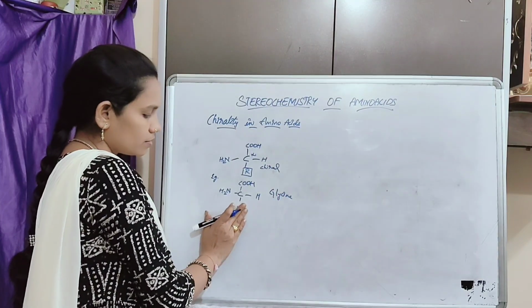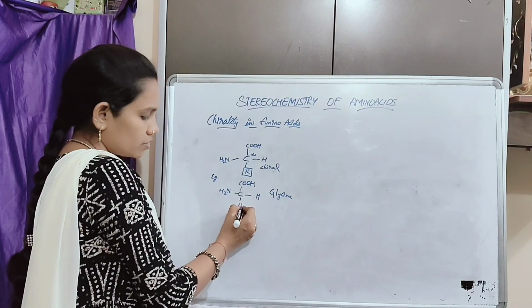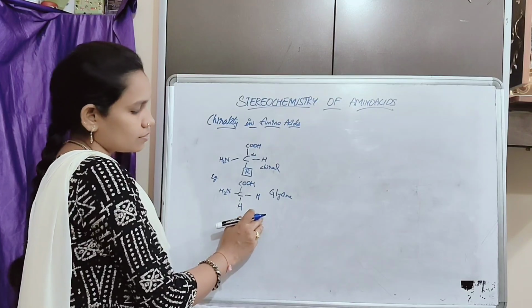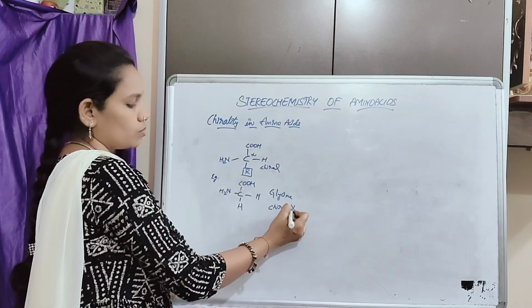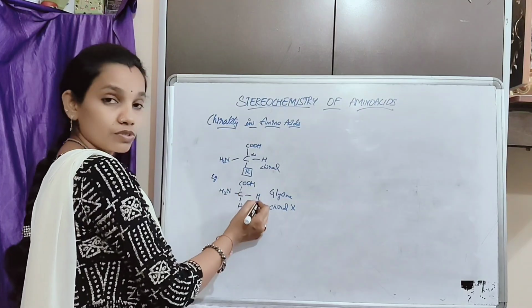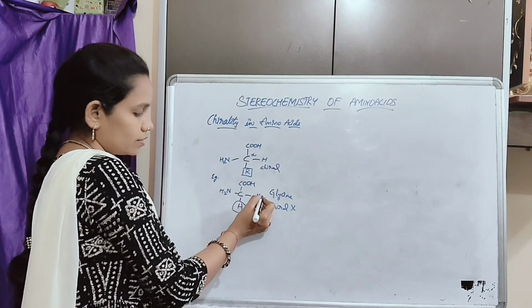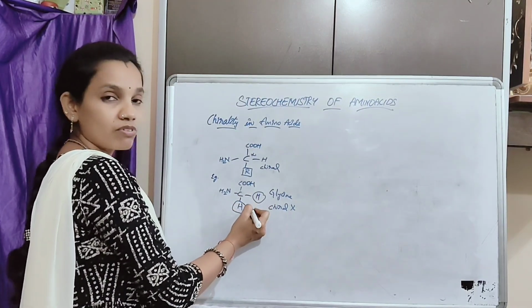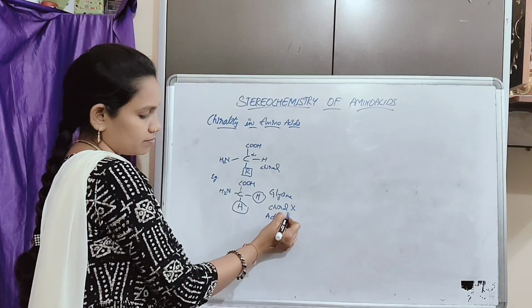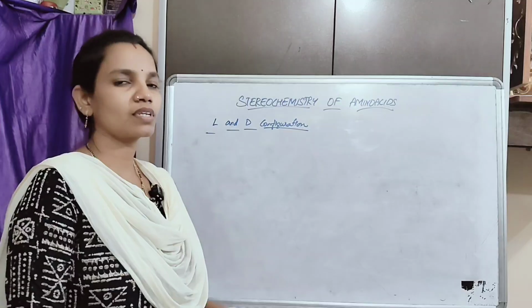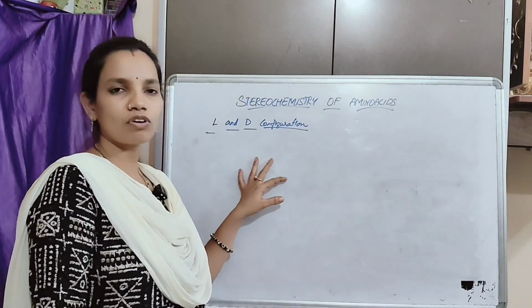It is H. Now is it chiral? No, because here if you notice, glycine contains 2 same functional groups, so it is achiral. Is it clear?